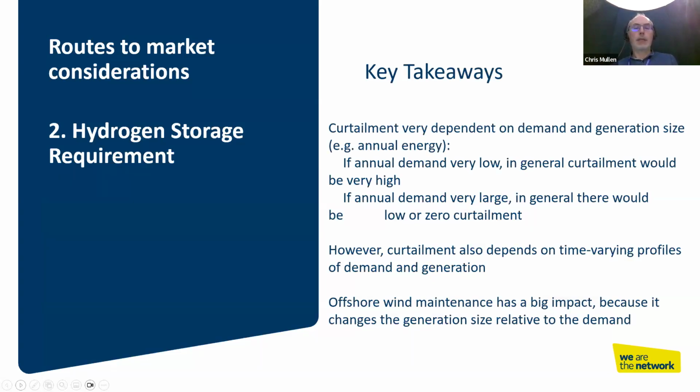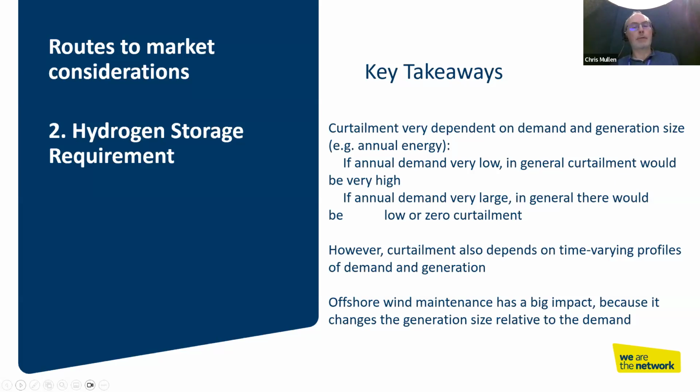So the key takeaways: curtailment is very dependent on the demand and generation size, which is kind of obvious. If the annual demand is very low, in general, the curtailment would be very high. If the annual demand is very large in comparison to the generation, there would be low or perhaps even zero curtailment.